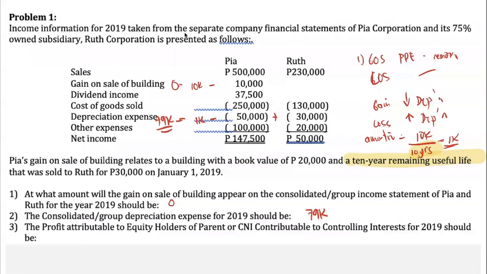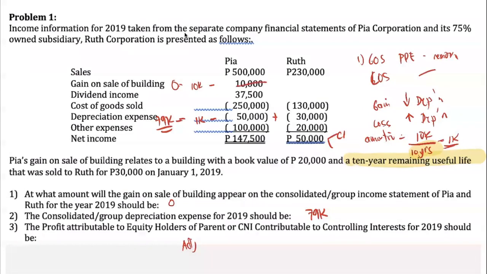And then the last, the profit attributable to equity holders of parent. So ang gagawin nyo na naman, kukunin nyo muna yung controlling interest dito. So first, get the adjusted PIA income. So our adjusted PIA income, we need to first remove the gain on sale of building, 10,000. So how much then? We remove that 500 less 10.